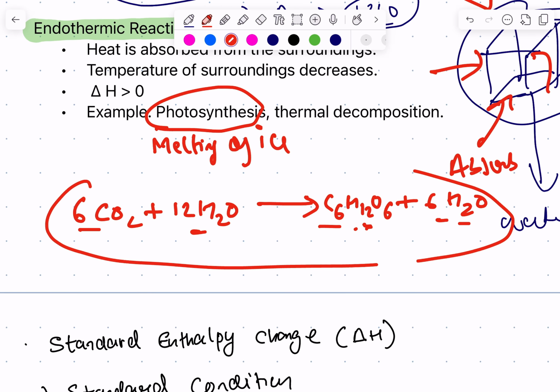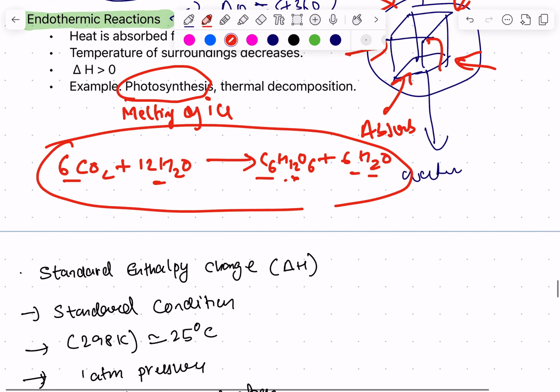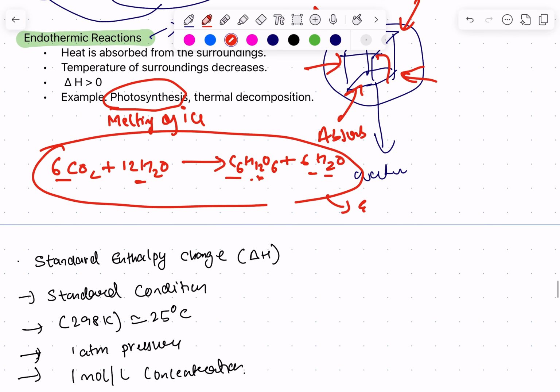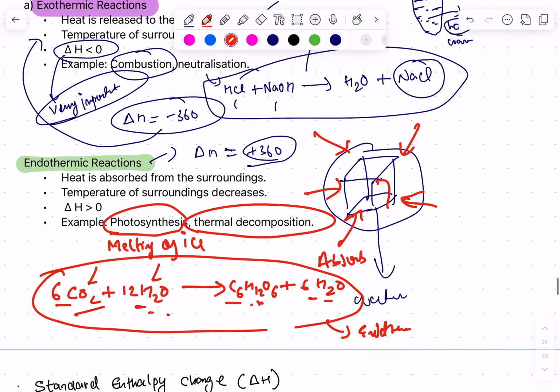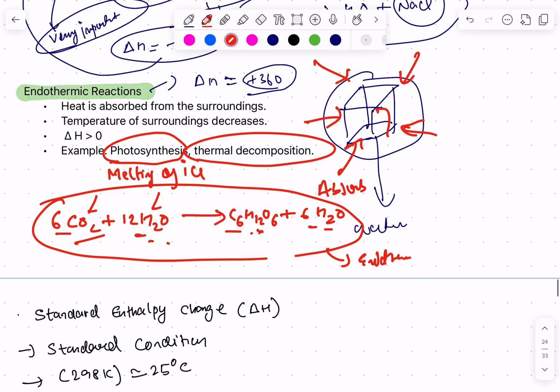This reaction of photosynthesis is also an example of an endothermic reaction, because you are taking a lot from the surroundings, so the surrounding temperature will decrease. Thermal decomposition is an example of an endothermic reaction too. I hope endothermic and exothermic reactions are clear.